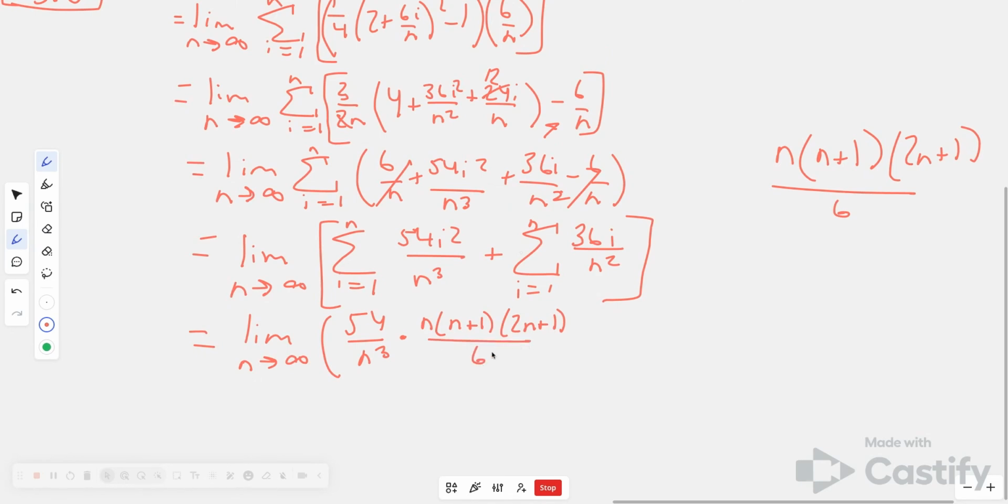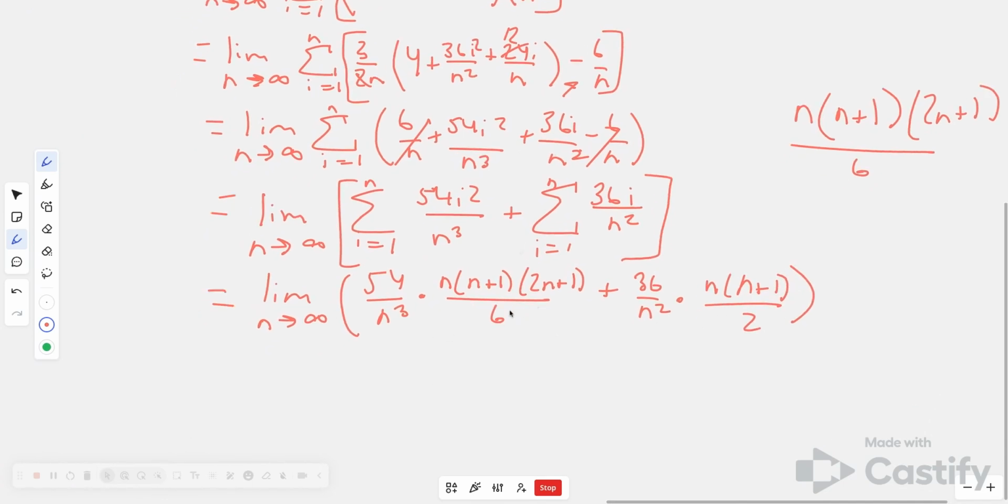Over 6. And once again, we can still simplify along the way, so we don't have to worry about too many large fractions or numbers in the end. This cancels out to 9, and this becomes a square. And we can distribute that 9 as well.